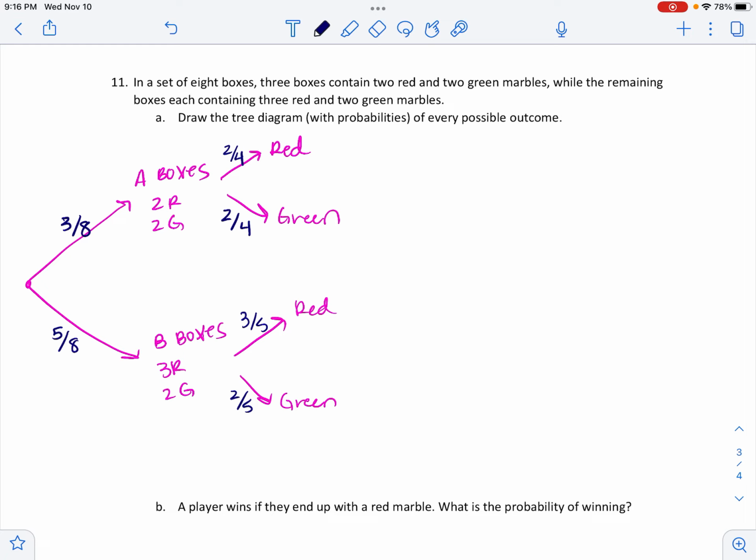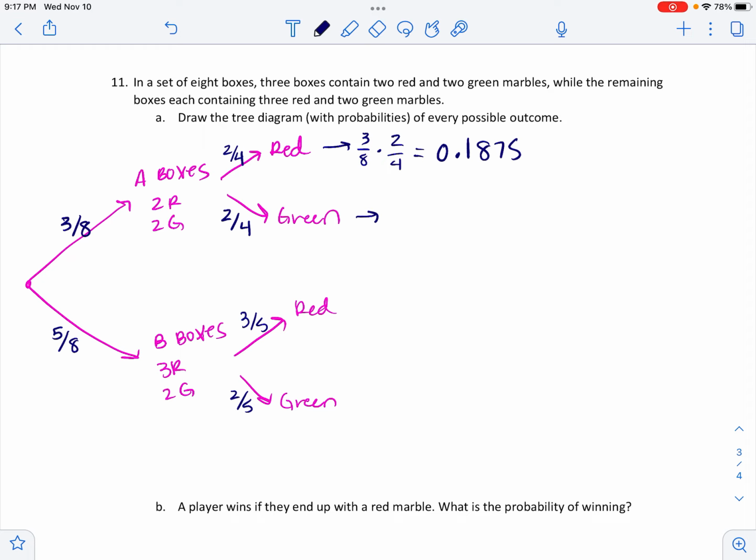Now, how do I find the final probabilities for each outcome though, right? This is the probability of an A box and red. So in order to find this one, I'm going to multiply 3/8 times 2/4. And I get 0.1875. And I do the same thing for all of these.